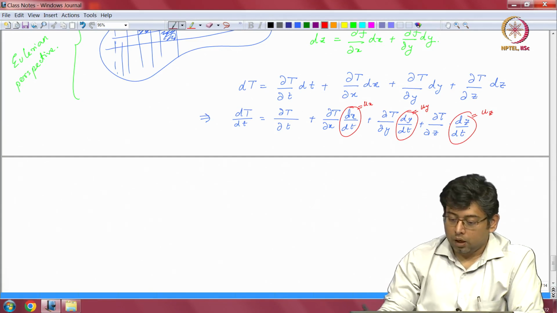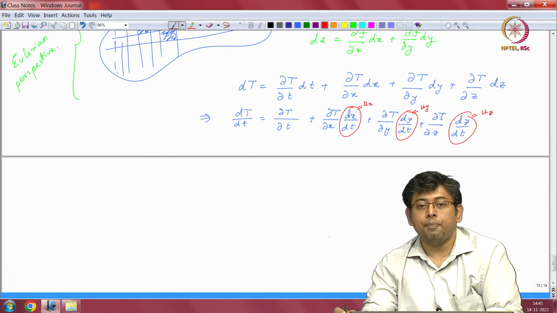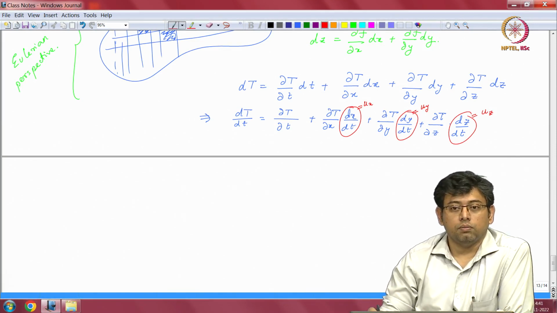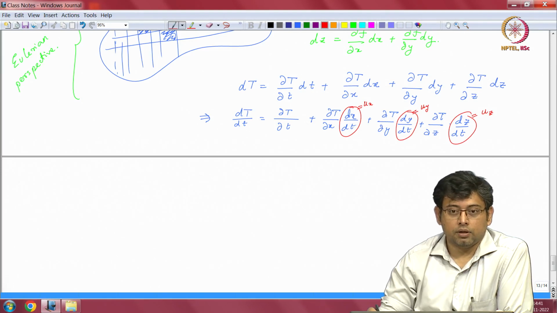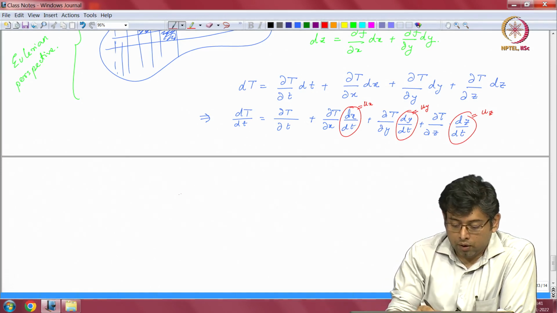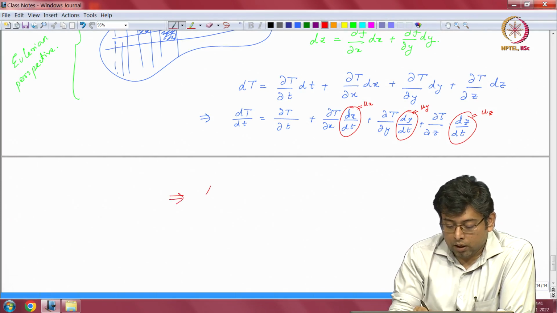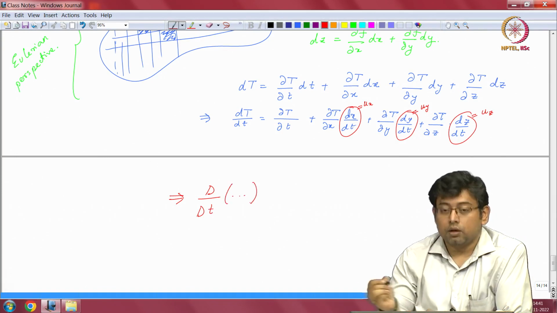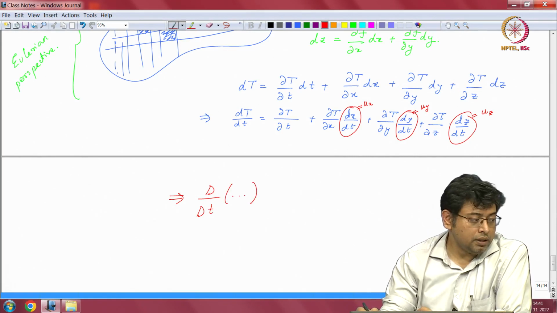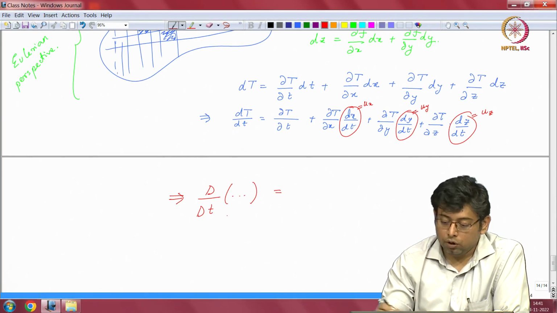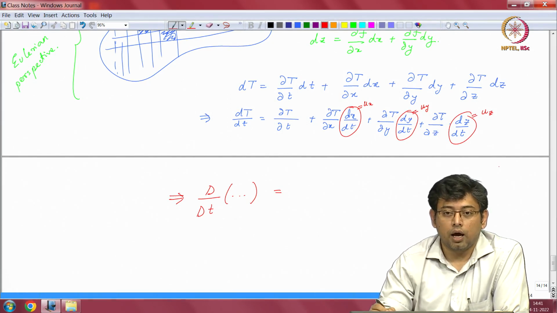Okay. Now this applies not just to temperature, it applies to anything, any other scalar or even vector that you are measuring in the same manner. So we usually say that to calculate the Lagrangian rate of change of an Eulerian variable, you must evaluate it using this equation.